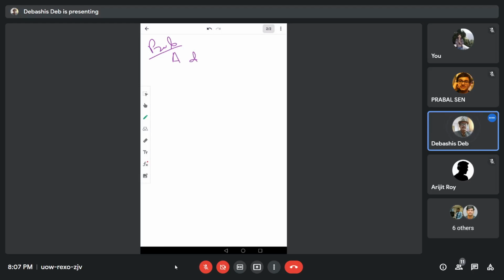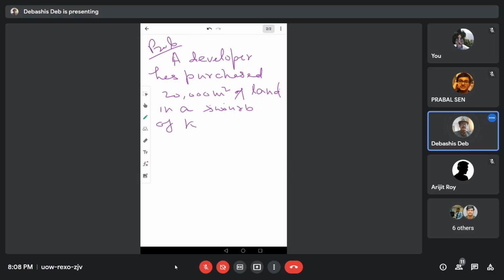A developer or promoter has purchased 20,000 square meter of land in a suburb of Kolkata at rupees 50 per square meter.